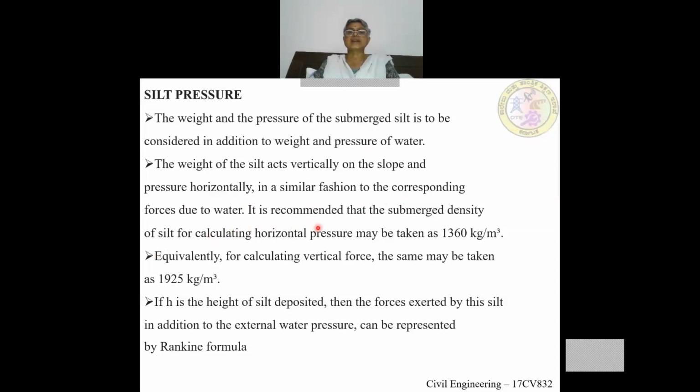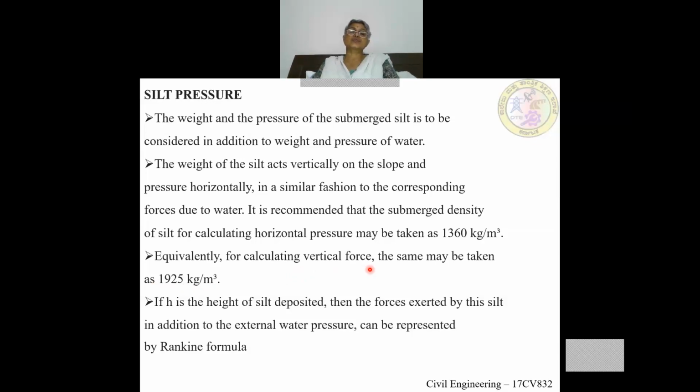For calculating this pressure, we should know the density of the silt. The density of the silt is taken as 1360 kg per meter cube for calculating the horizontal pressure, and slightly more, 1925 kg per meter cube, when calculating the vertical force.